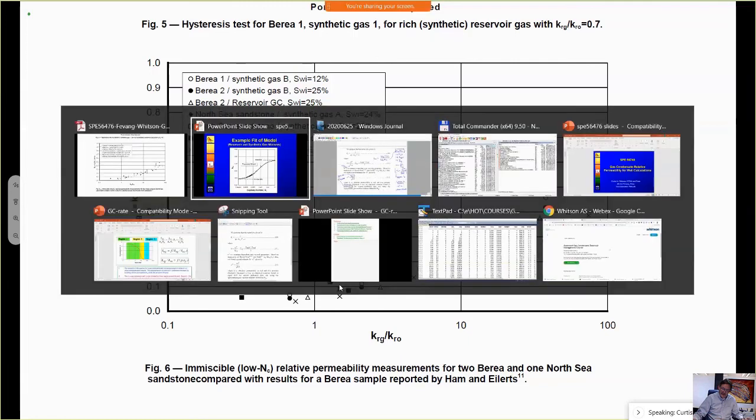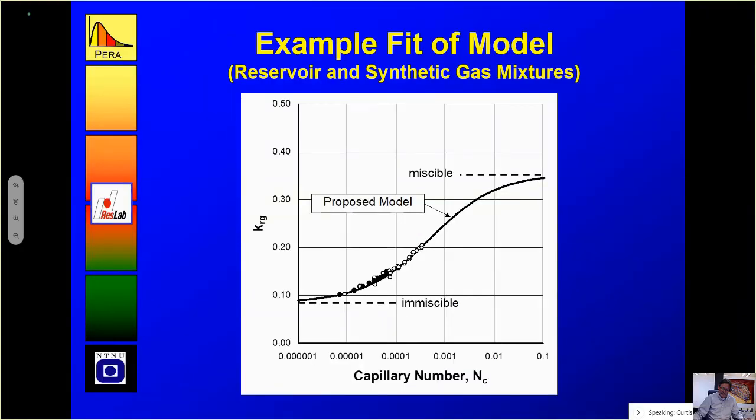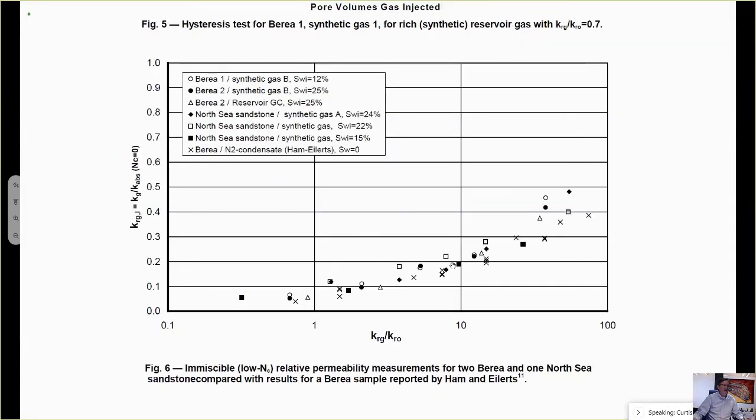It's not in this paper maybe, but it's in this other paper we showed earlier, where I showed KRG versus KG/KO for different pore size distribution. That's the range of expected immiscible curves.